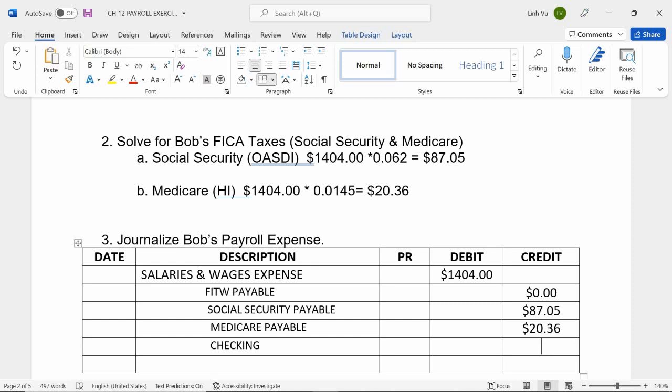Oh yeah, we minus it. 87.05 minus 20.36. He's going to be paid $1,296.59.